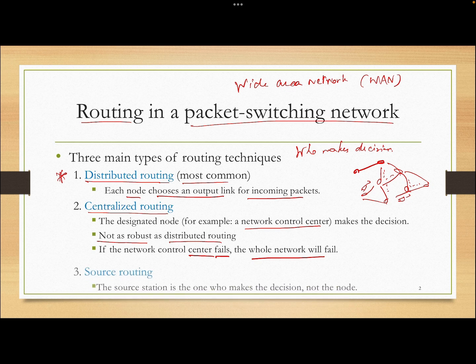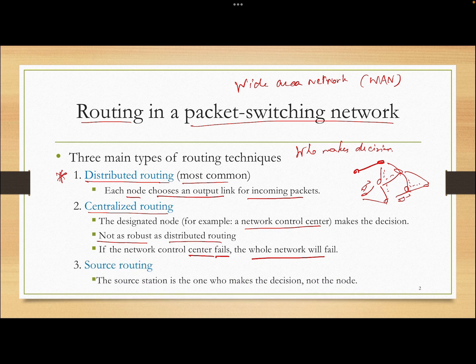The third one, which we may not use a lot but still exists, is source routing. Think about traveling and taking a taxi to your hotel, and you tell the taxi that you want the scenic route to see the ocean, for example, instead of the least cost, fastest route to arrive at the hotel.